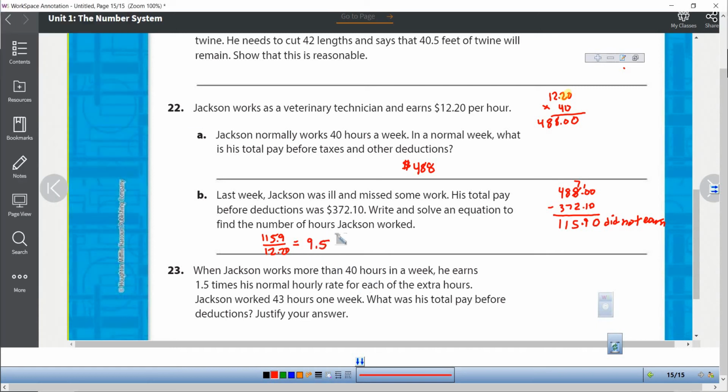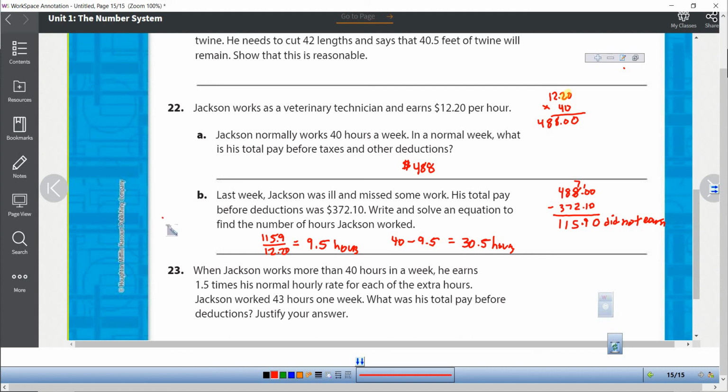So this is the number of hours that he did not work. So 40 minus 9.5 is going to be 30.5 hours. That's kind of the long way about it.